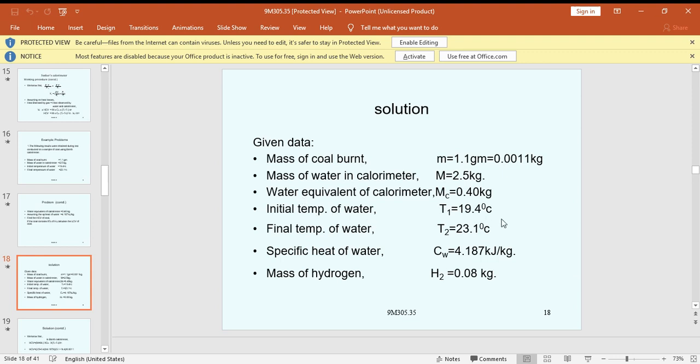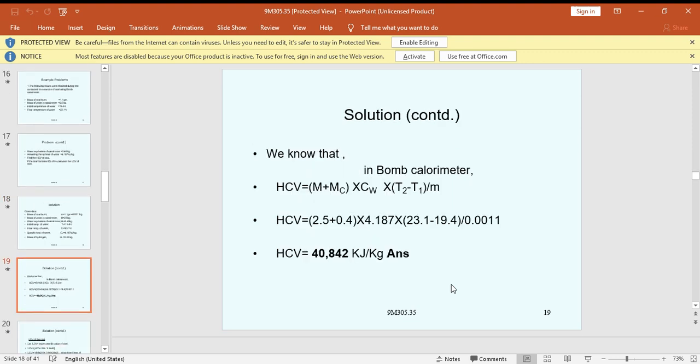Initial temperature of water T1 equal to 19.4 degrees centigrade and final temperature of water T2 23.1 degrees. Specific heat of water 4.187 kilojoule per kg. HCV equal to (M plus m) into Cw into (T2 minus T1) by the mass of coal.